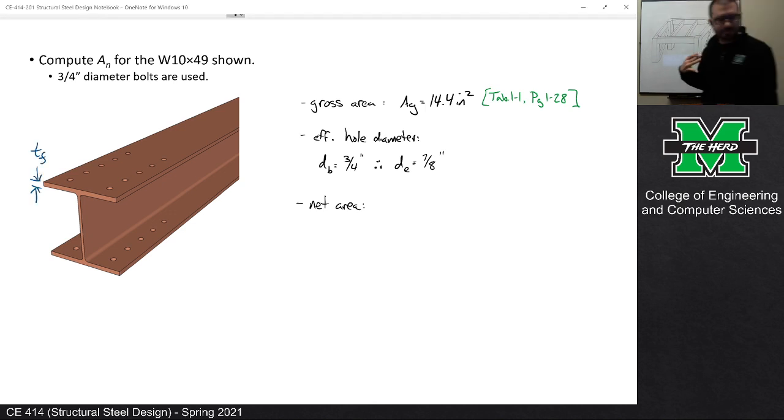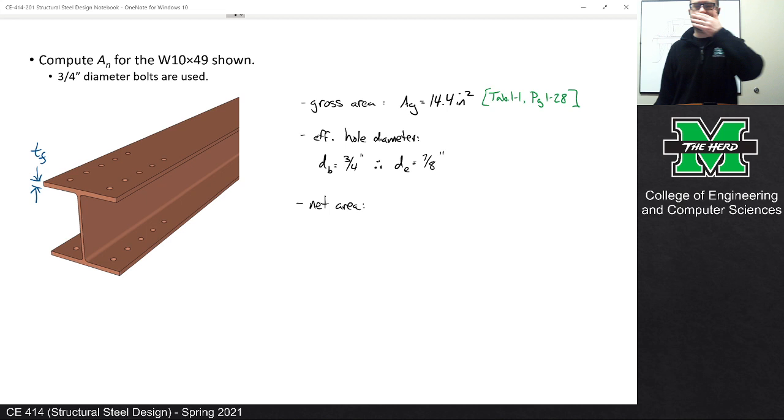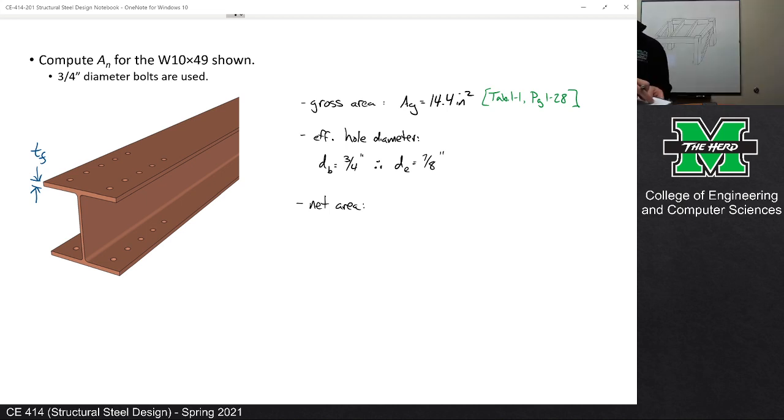Whenever you pull up a given dimension, we can look at the schematic and we know we need that dimension. Remember, on the top left of Table 1-1, there's that schematic, and that's T sub F. So I need T sub F for a W10 by 49, and that is 0.56. It is not 9/16.